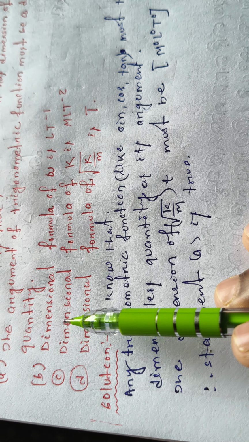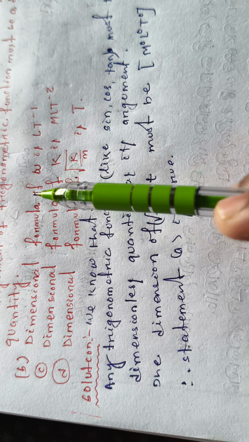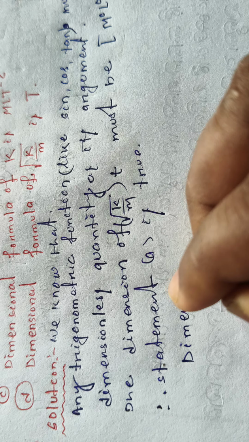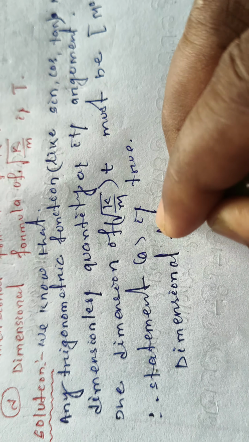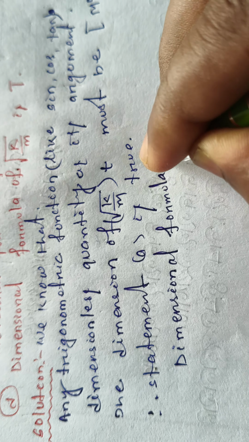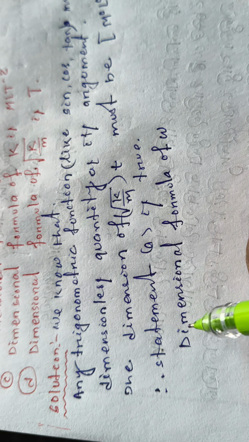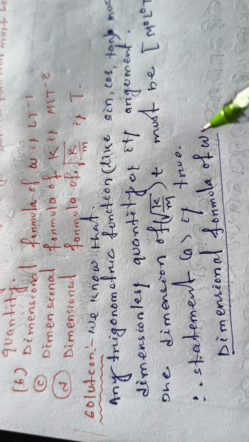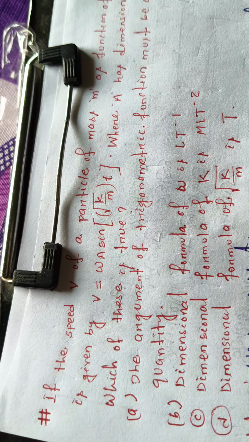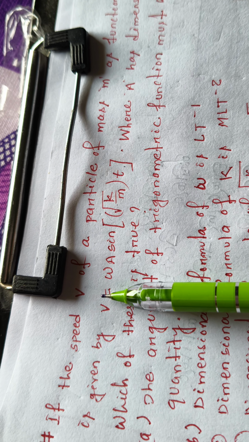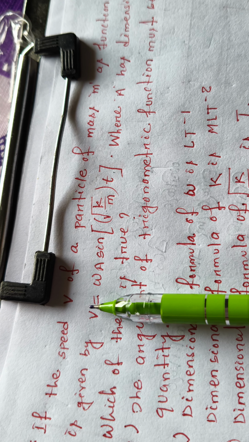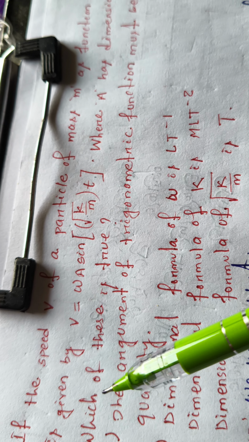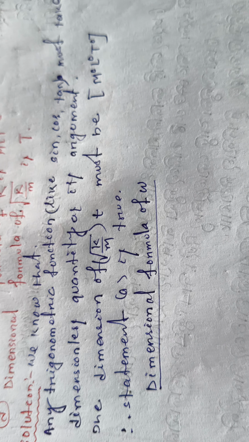Next, we have to calculate the dimensional formula of omega. On the left hand side, v means velocity, which has the dimension L T to the power inverse.